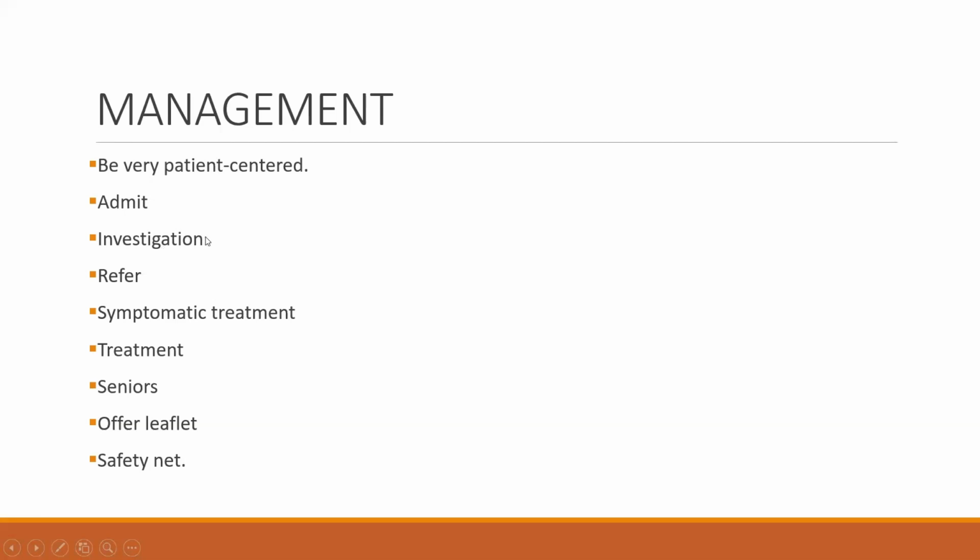Your investigation, the way I always remember it, I learned that from a YouTuber, okay? I think of bedside, bloods, and imaging. So this is my patient with MI. Bedside: ECG.